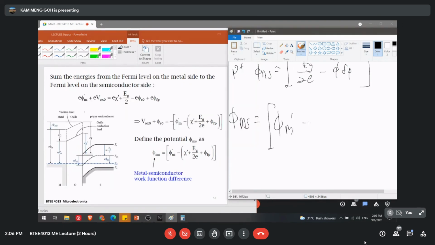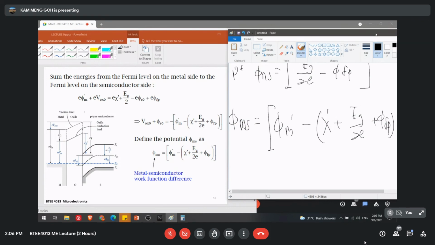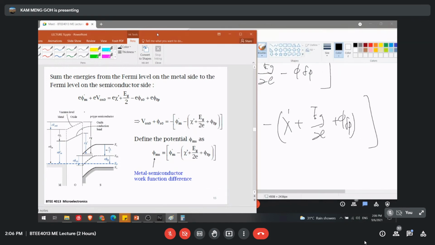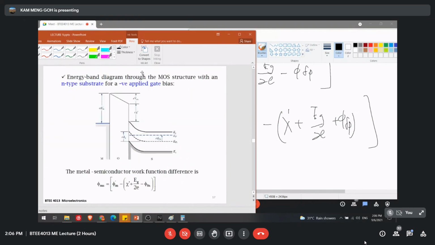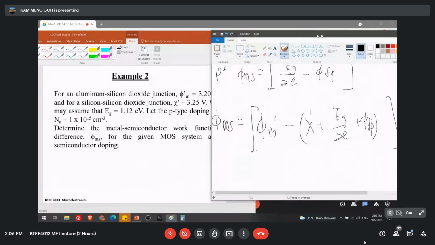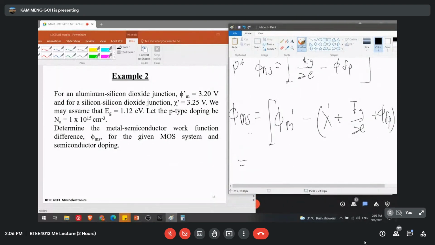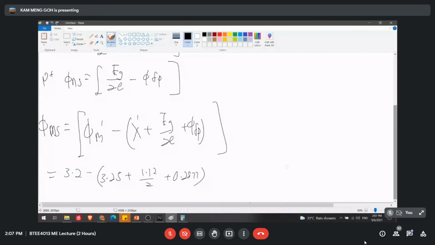Delta M minus, plus Eg over 2E plus Fp. If they didn't state any M plus or P plus, but give you information like this, all you need to do is put in the values. 3.2 minus, let's say, 3.25 plus 1.12 divided by 2 plus the delta Fp, 0.2877, to get the final answer.